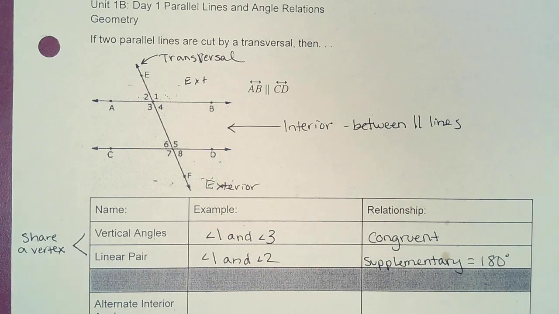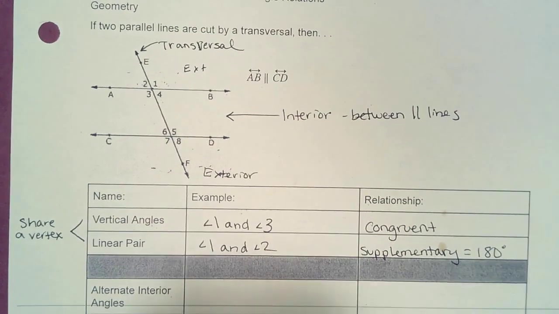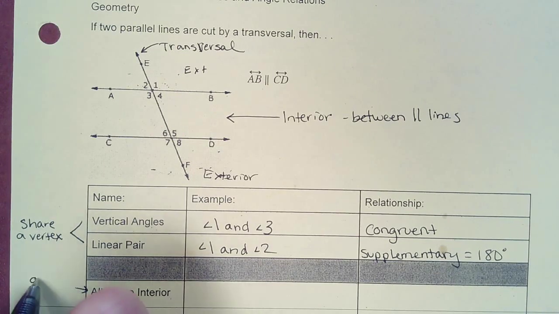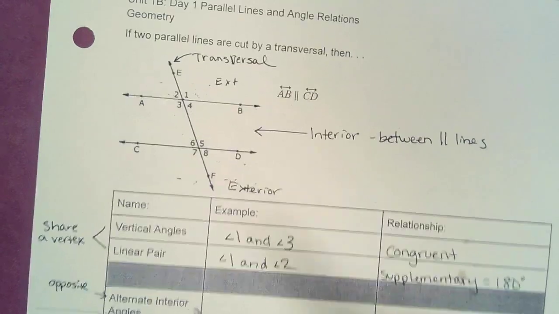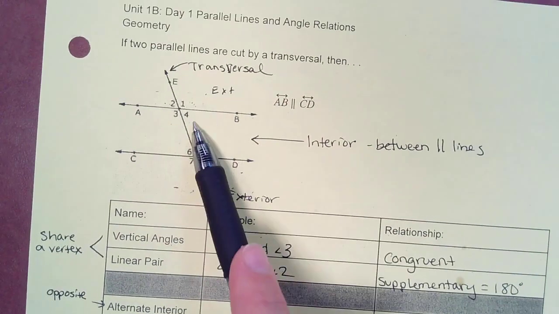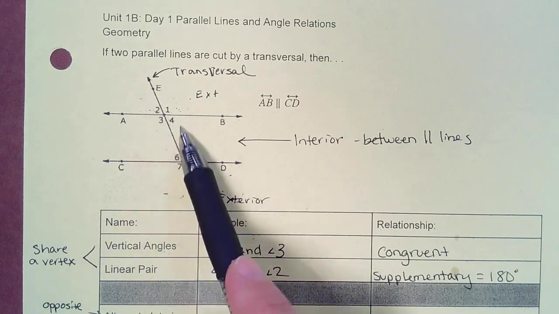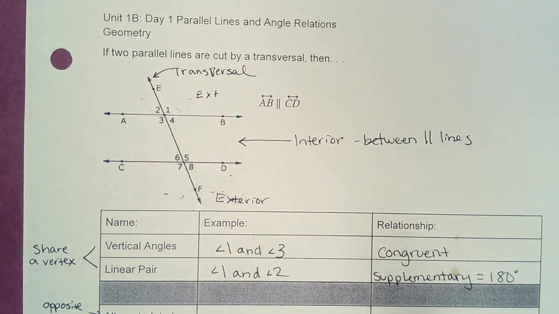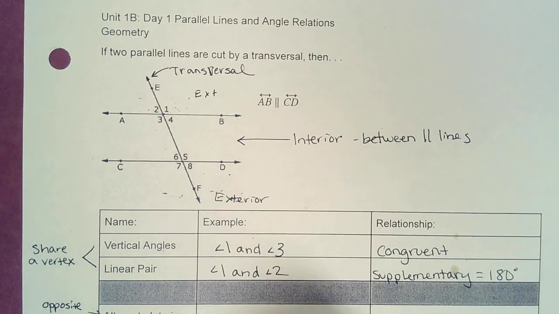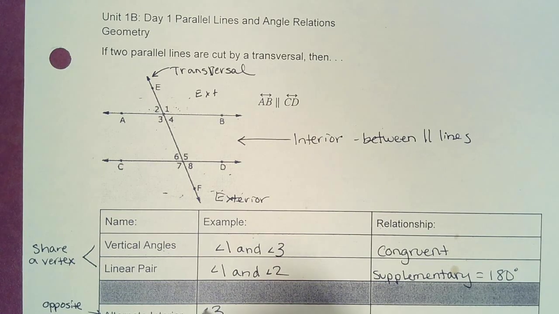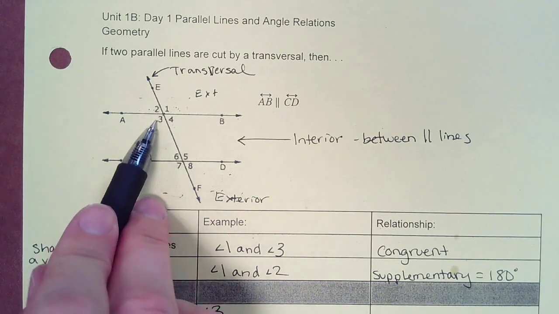Okay, the next ones here, we have alternate interior angles. So alternate means opposite. Interior angles. Okay, so they're on the opposite sides of this transversal, and they're on the interior. So first, if I said angle 3, that's on the interior.